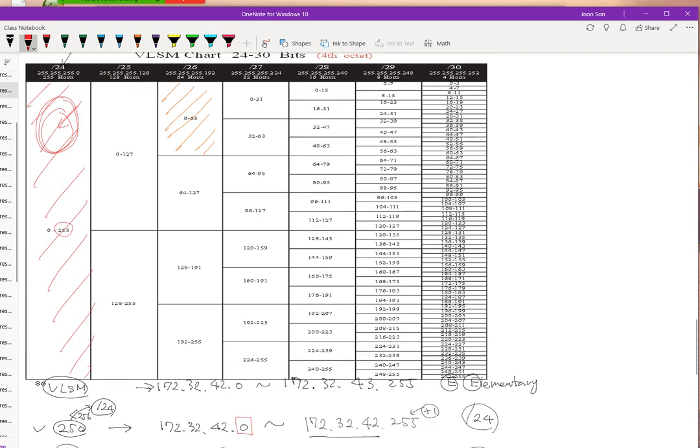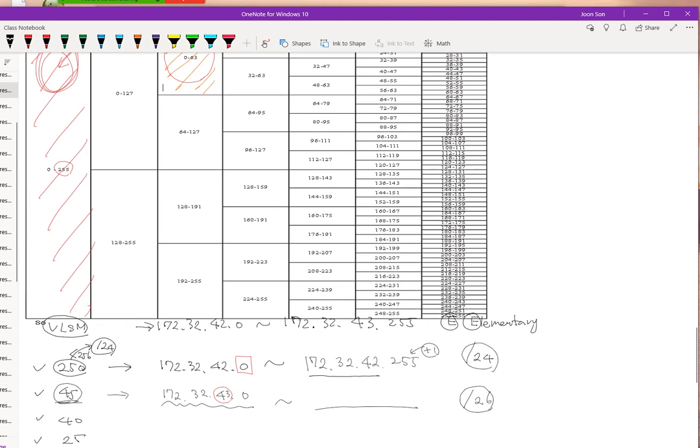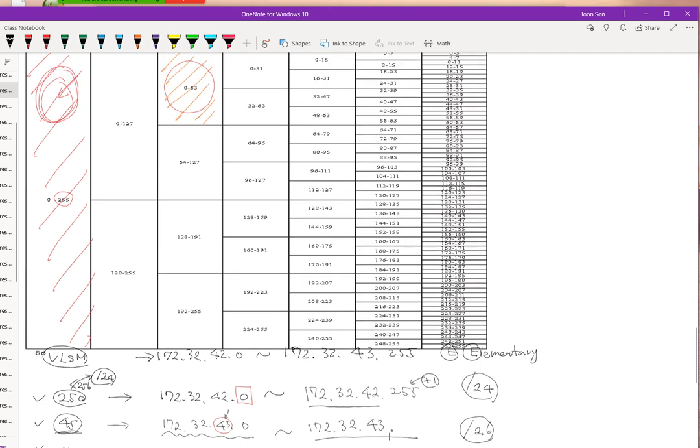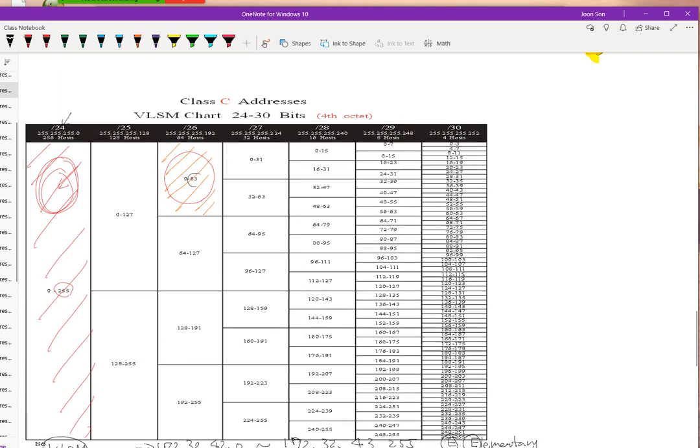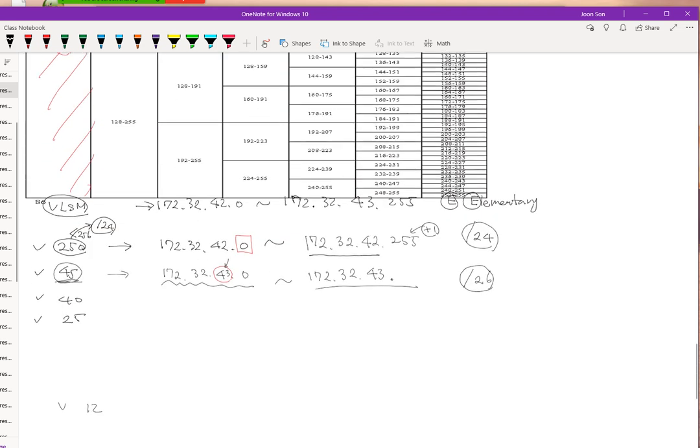And then this is the address space, because /26. So you have to say 172.32.43, right? The 43 dot what? 63, right? Okay, so that's the right answer.